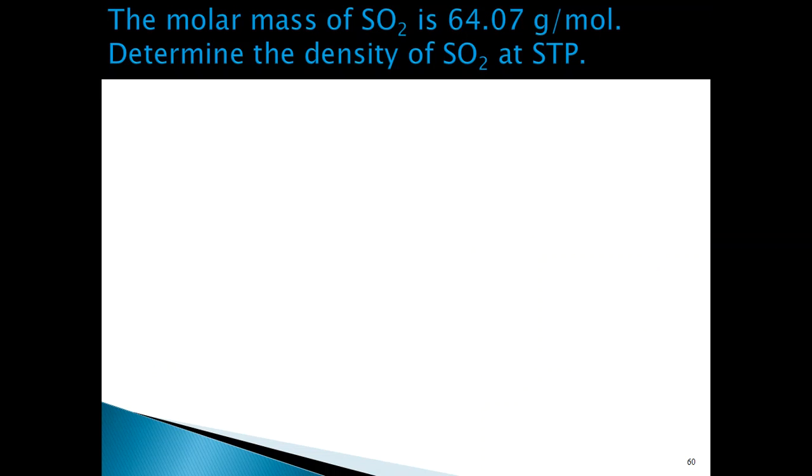All right, so we can use that idea to solve this problem. The question says the molar mass of sulfur dioxide is 64.07. Determine the density. Well, the density in this case would be equal to the molar mass divided by the molar volume. The molar mass is given as 64.07 grams per mole.